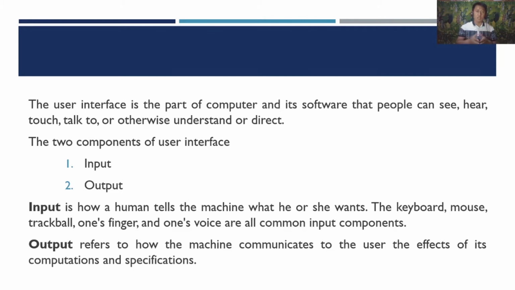How are you going to give input to the system? You give input when you type something using the keyboard, select something using the mouse, or give instructions using the microphone. That's how you give input to the system.